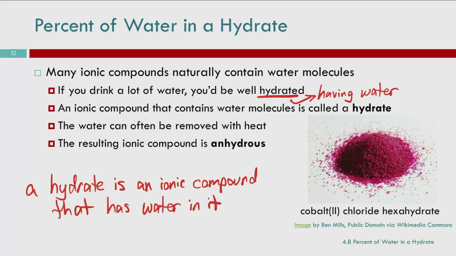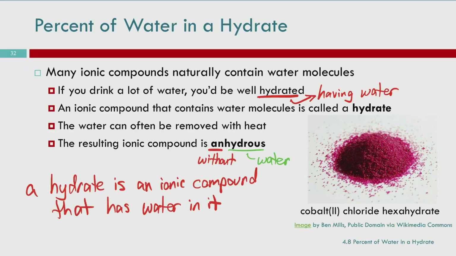So if you heat it to a couple hundred degrees Celsius, like baking it in an oven or hotter, you can often get those water molecules to leave, and what you're left with is just the ionic compound, and we call that anhydrous. The an prefix meaning without, and the hydrous part meaning water. So if it's hydrated, it's got water. If it's anhydrous, it doesn't have water.